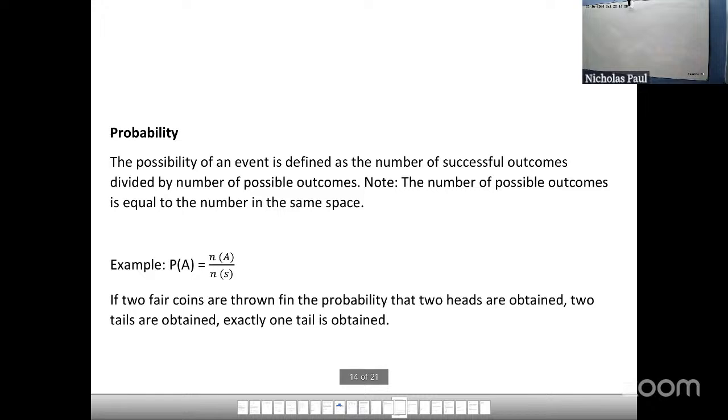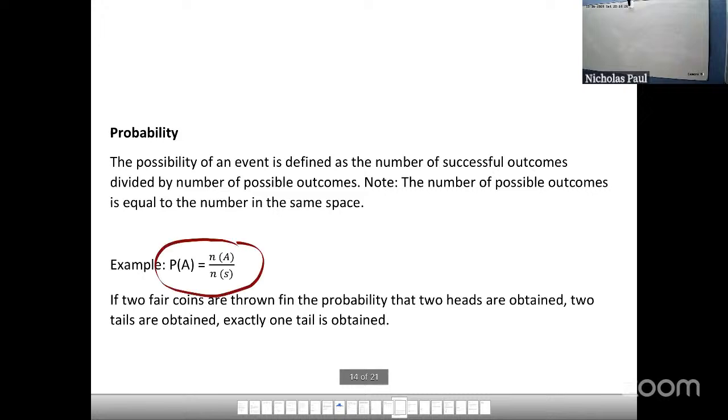All right, so what is probability? The probability of an event is defined as the number of successful outcomes divided by the number of possible outcomes, and it's given by that small formula there.